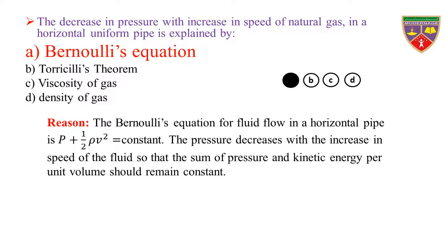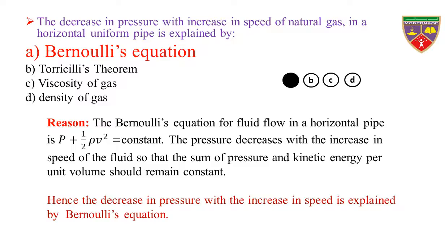The pressure decreases with the increase in speed of the fluid, so that the sum of pressure and kinetic energy per unit volume remains constant. Hence, the decrease in pressure with the increase in speed is explained by Bernoulli's equation.